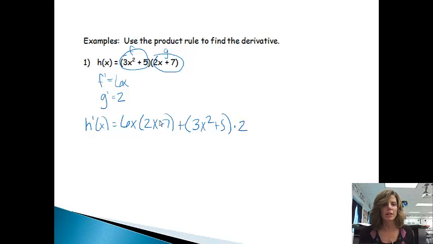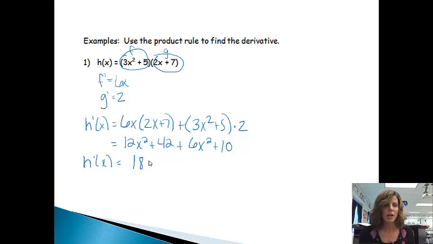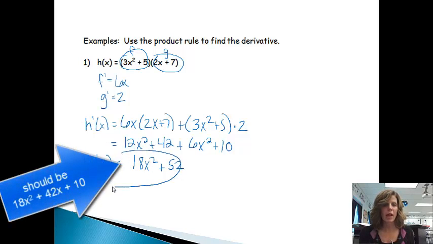Now I just need to clean it up a little. I'll distribute my 6x to get 12x squared plus 42x, plus, distributing my 2, 6x squared plus 10. Combining like terms, I get 18x squared plus 52x plus 10. So that is my derivative.